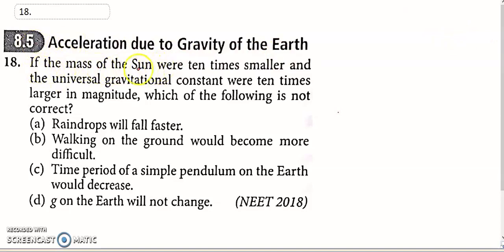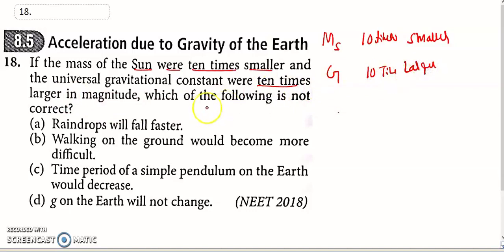If the mass of the sun were 10 times smaller and the universal gravitational constant were 10 times larger in magnitude.